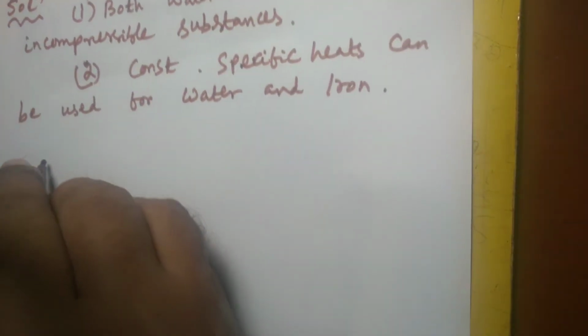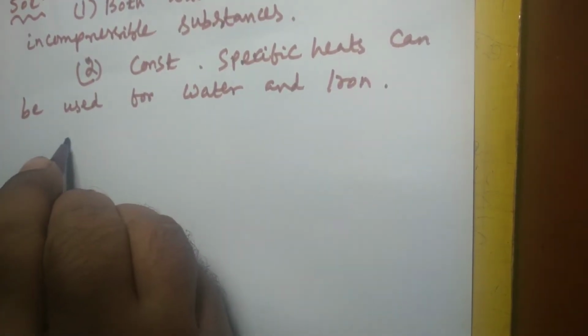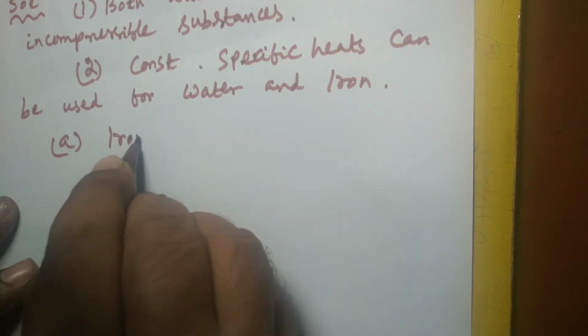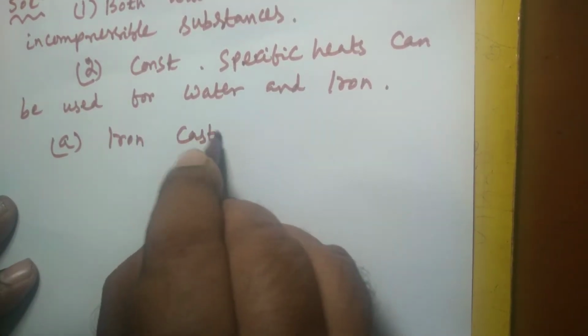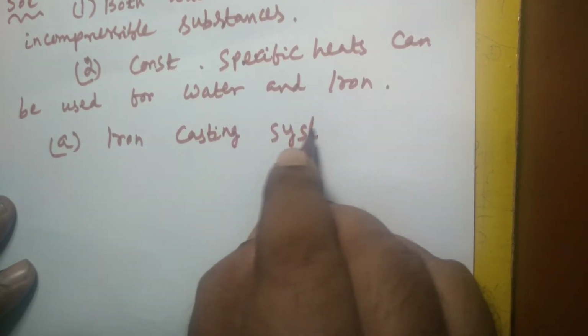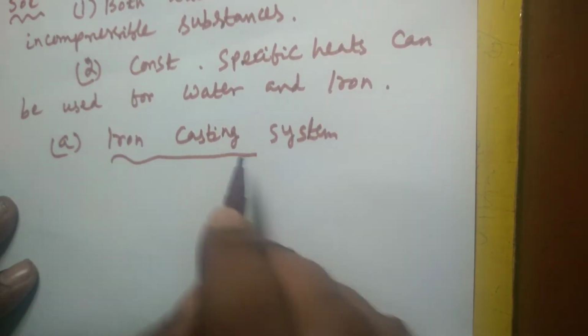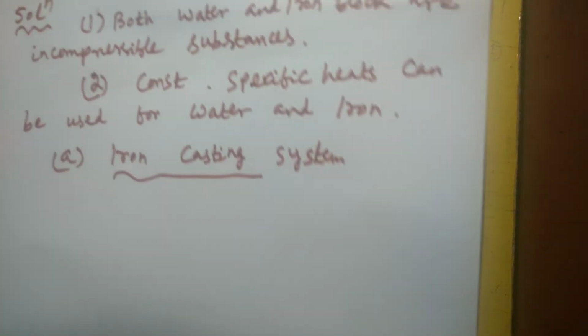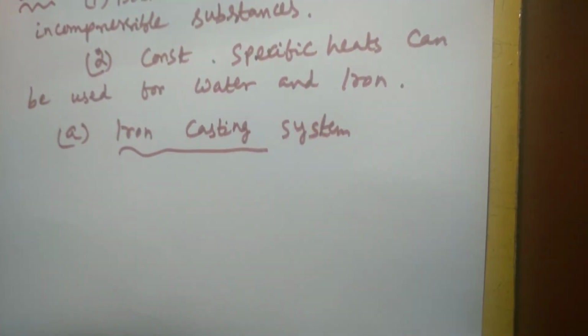First, we have to take the iron casting as the system. We'll take the iron casting as system for our analysis so that we can find out its entropy change. If the iron casting is considered as a system, it is a closed system.